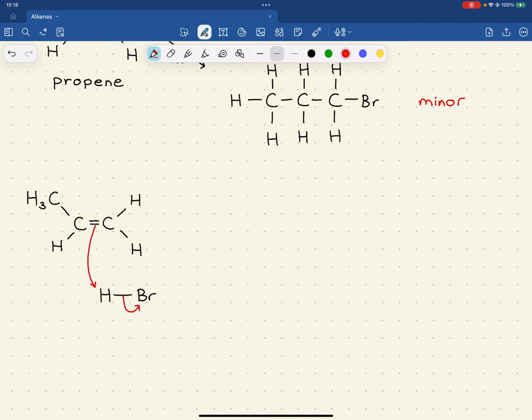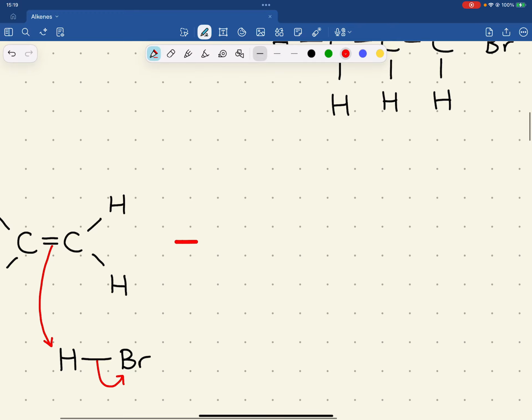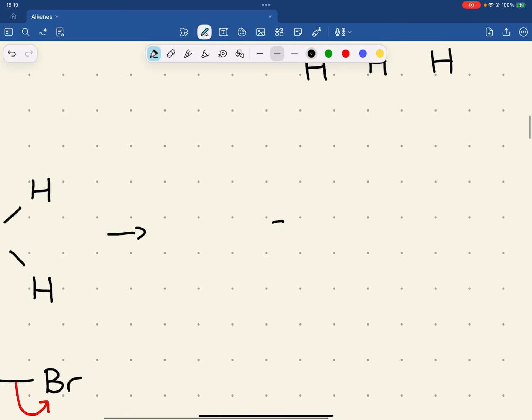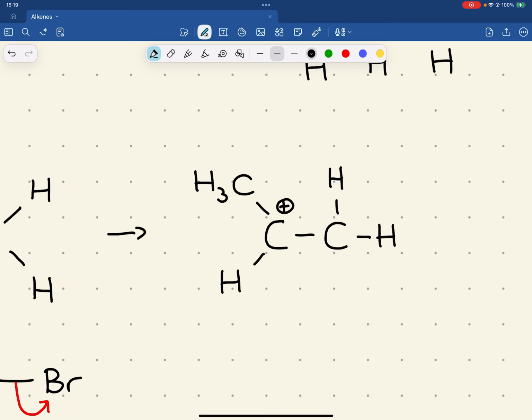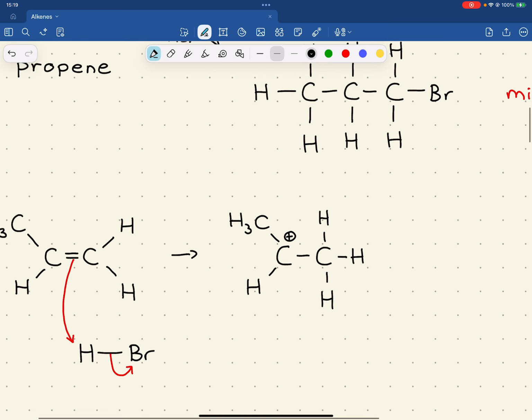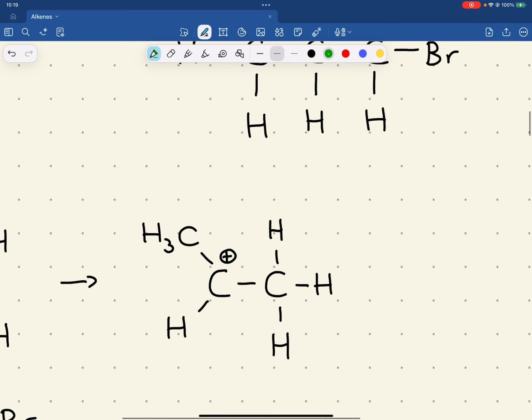One possible option is to produce a carbocation where the positive charge is on the second carbon, carbon 2. We'll number these 1, 2, 3.